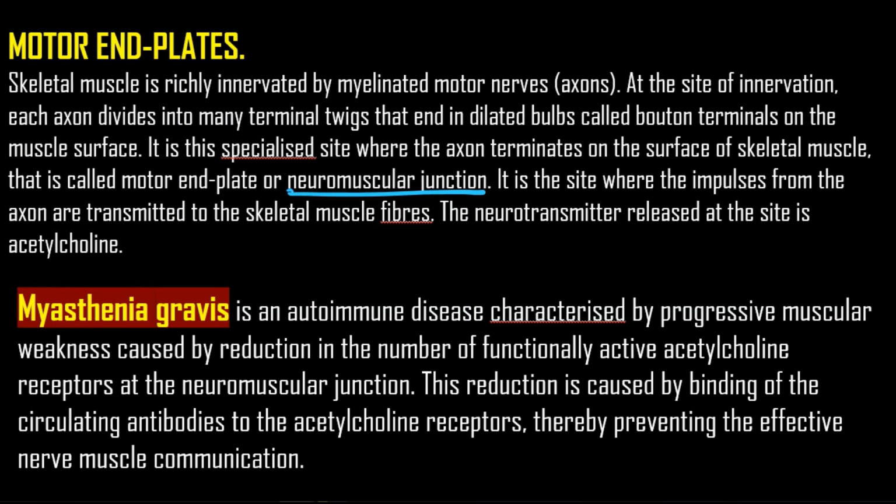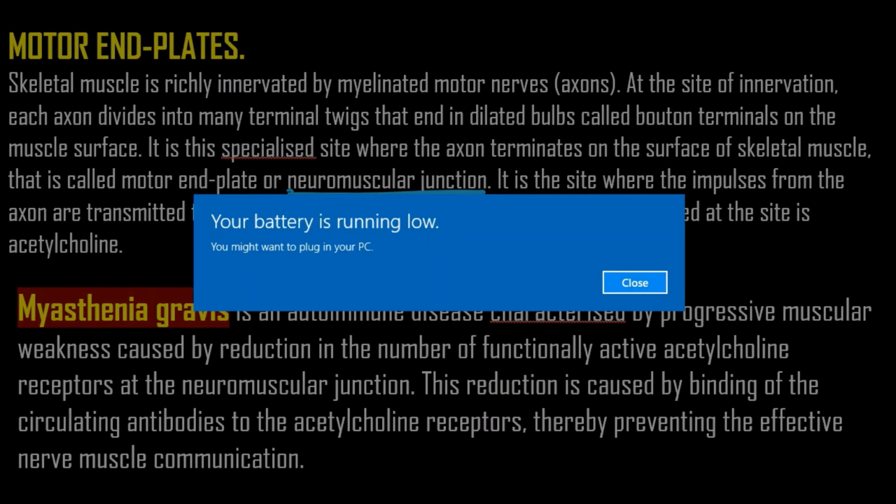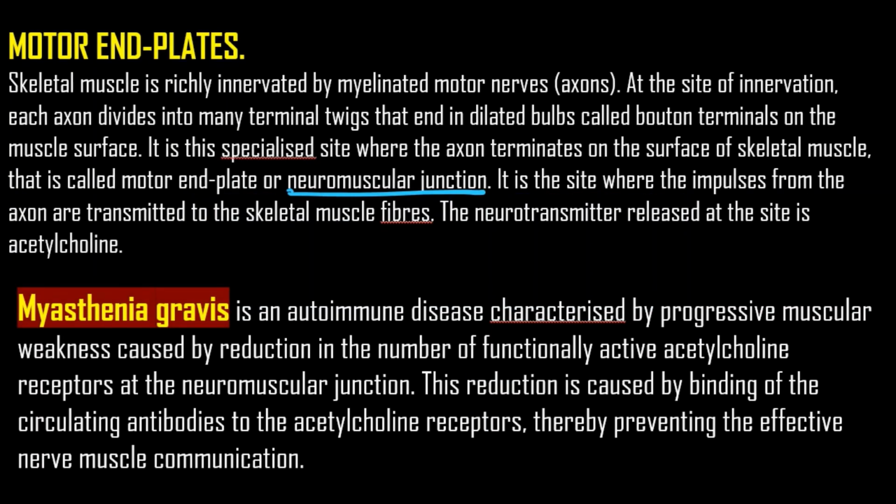Myasthenia gravis is an autoimmune disease characterized by progressive muscular weakness that is caused by a reduction in the number of functionally active acetylcholine receptors at the neuromuscular junction. This reduction is caused by binding of circulating antibodies to the acetylcholine receptors, thereby preventing effective nerve muscle communication.